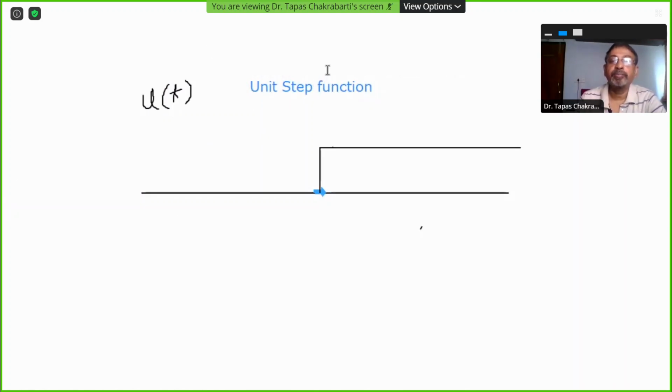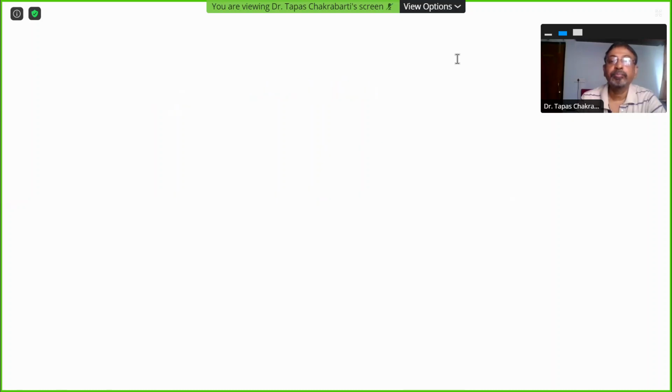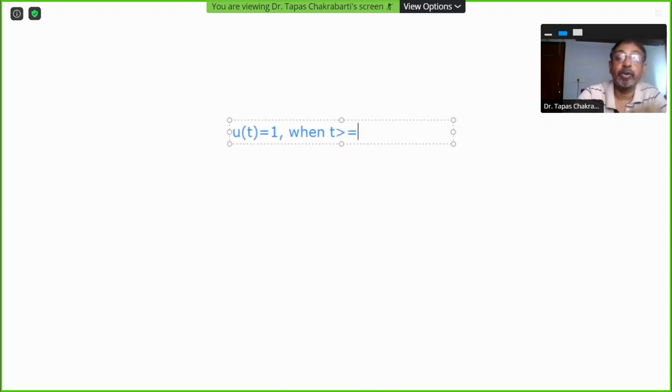So we can write this as u(t) equals 1 when t is greater than or equal to 0. u(t) equals 0 when t is less than 0.